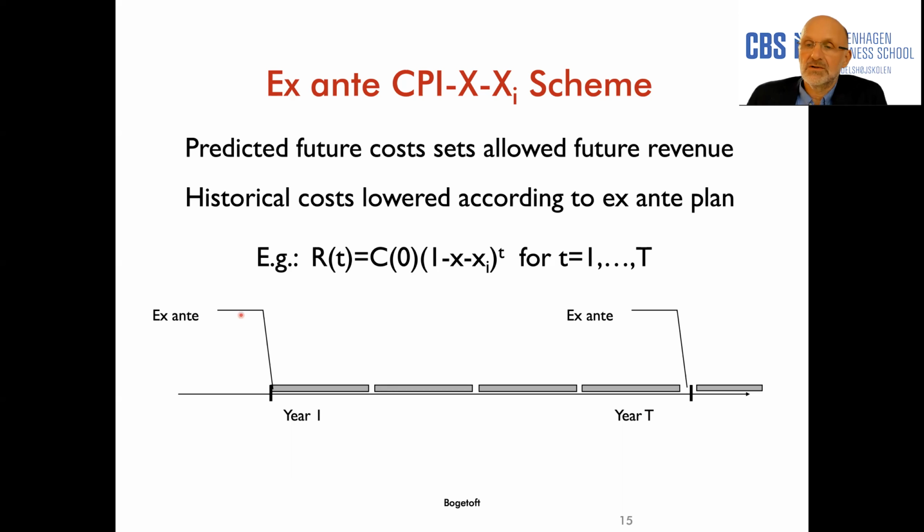So the formula could look like this in real terms. You have the cost at time 0. And then in the next period, you have to reduce it with the general X factor, which is the frontier shift, also the requirement you impose evenly on all companies, and then minus XI, which is a reflection of the individual inefficiency.